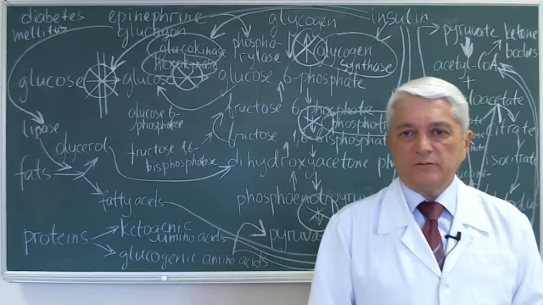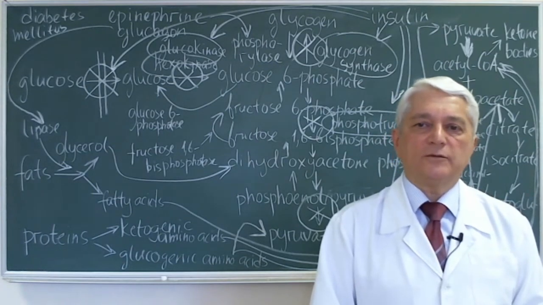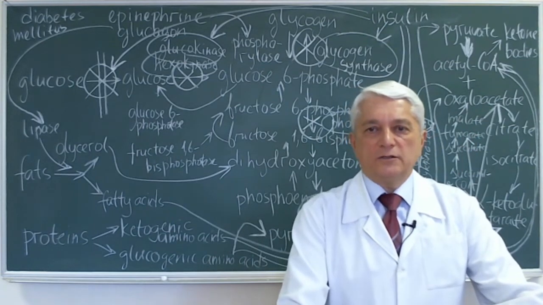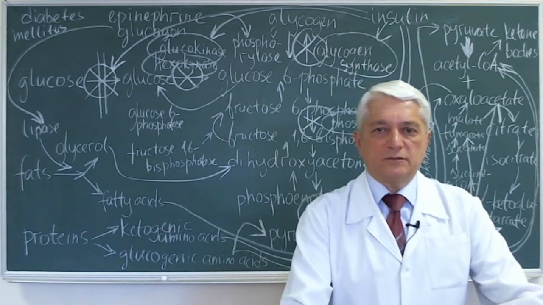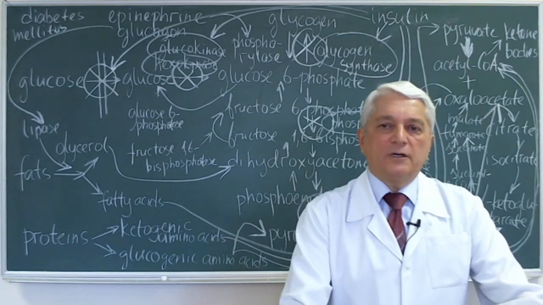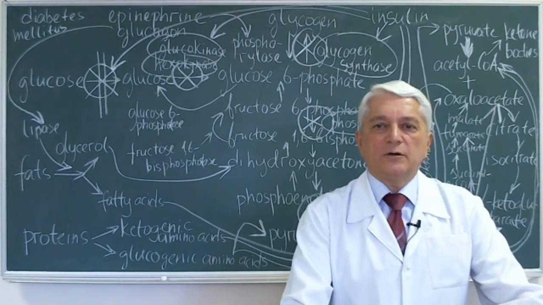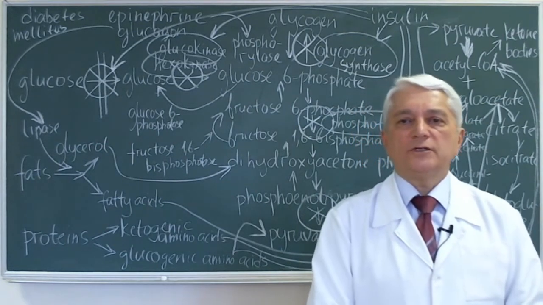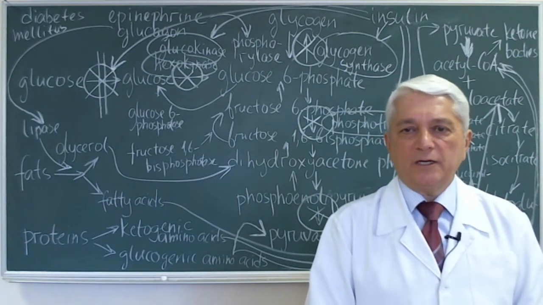The first symptom, described more than 20 centuries ago, is that the patient produces a lot of urine. We call this polyuria.